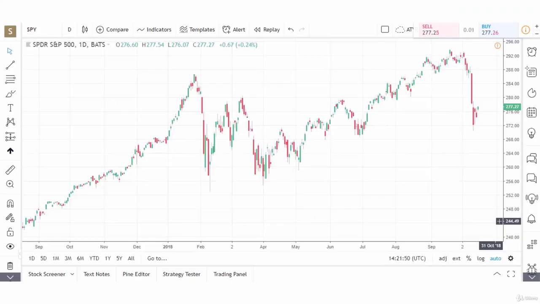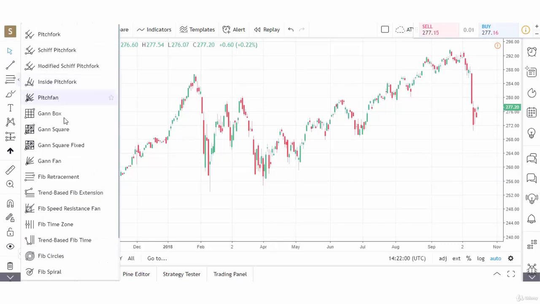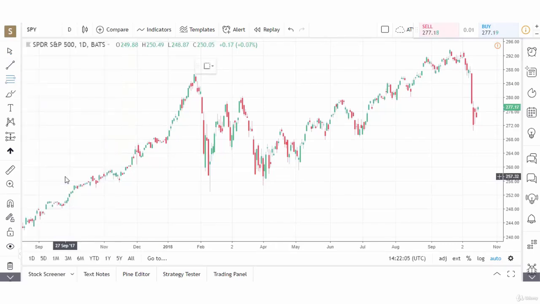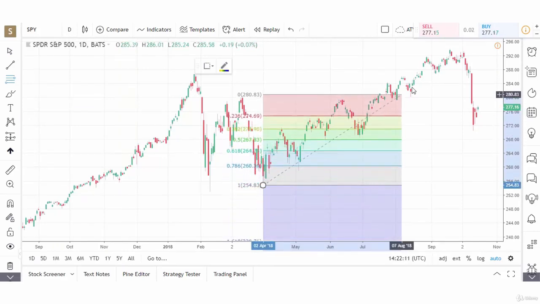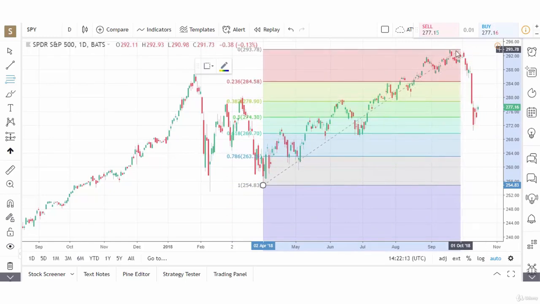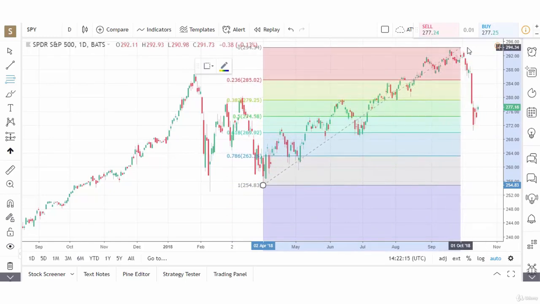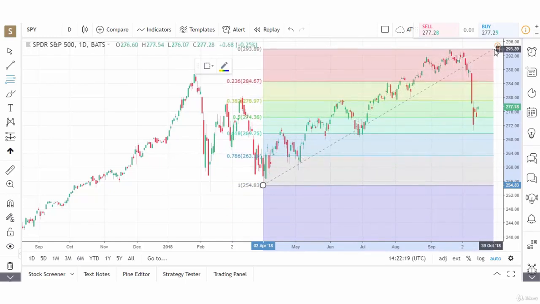Let's use a chart of the S&P 500 or the SPY to see how Fibonacci lines play out on a chart. First, we're going to go over to the left and pick Fibonacci retracement. We're going to click on a low point in the S&P and drag our top line to the high point that the index has made.